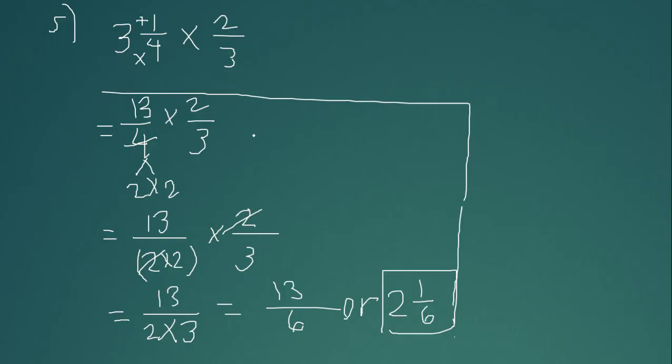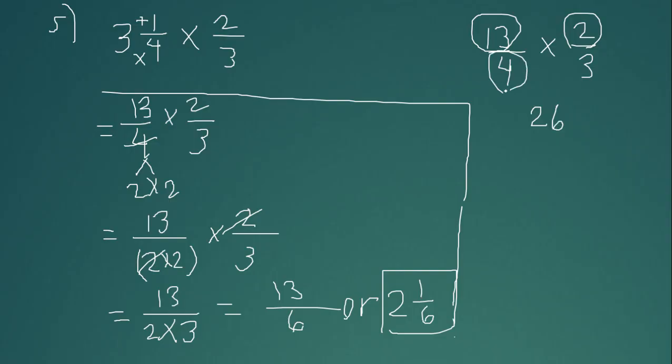Pero if you want to try yung rules step by step, itong gagawin is we have 13/4 and 2/3. Multiply nyo lang yung numerator times numerator. 13 times 2 is 26. Then 4 times 3 is 12.